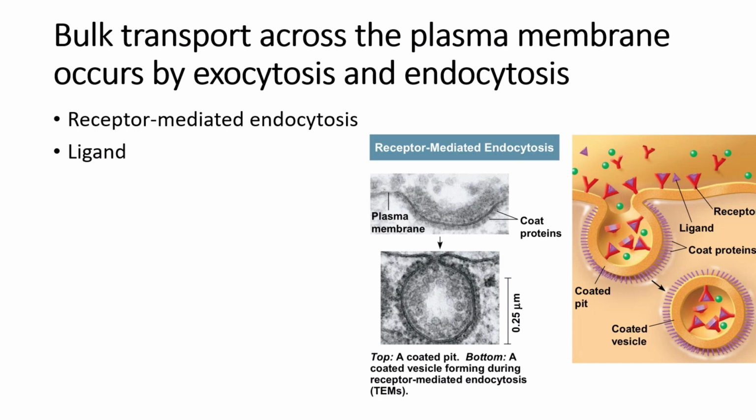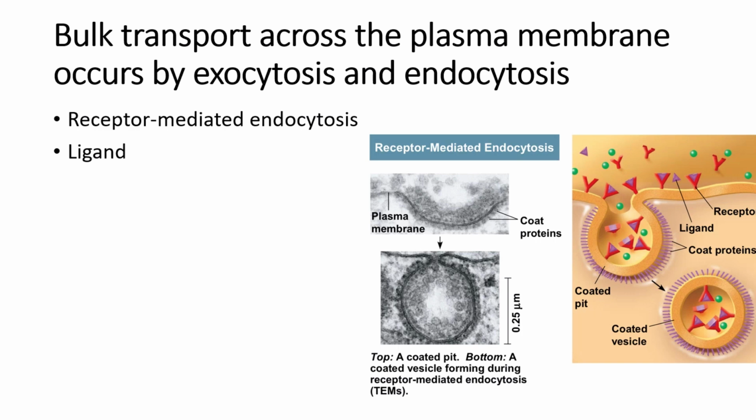These green and purple structures are referred to as ligands. So receptor-mediated endocytosis is ligand specific. The ligand is any molecule that binds specifically to receptor sites of another molecule.